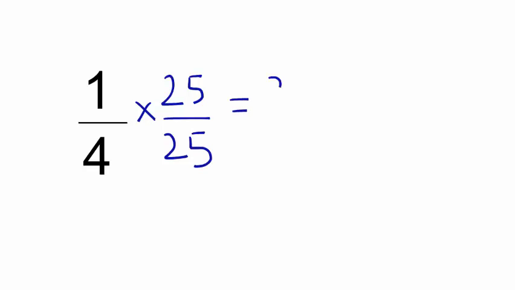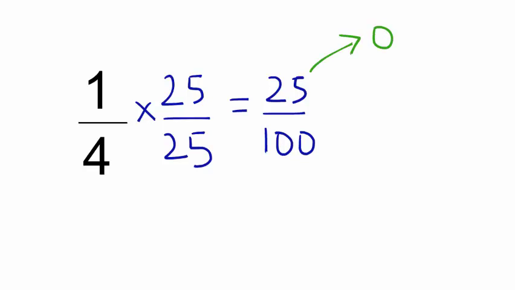So, our fraction becomes 25 by 100. Can you now find its decimal form? Is it not the same as 0.25? Can you write 25 by 100 as a percentage? Isn't it equal to 25%?